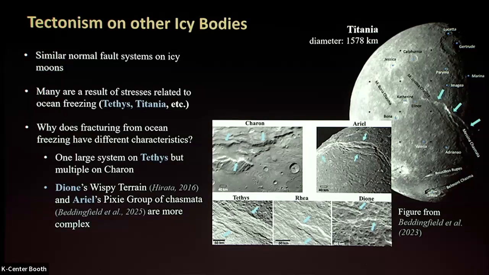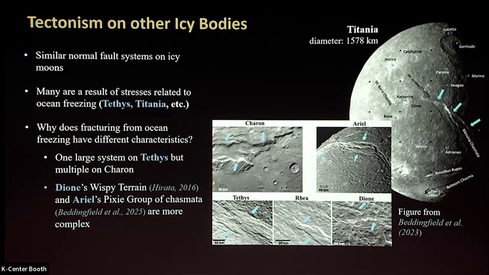On Europa, for example, there may be subtle folds and things that are not as obvious as a pronounced wrinkle ridge. But in any case, we do see a lot of evidence of extensional faults, canyons, rifts, fractures, and all of these are kind of hand-wavingly attributed to the freezing of an ocean.